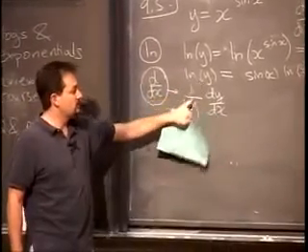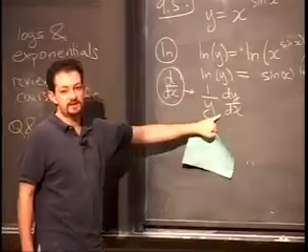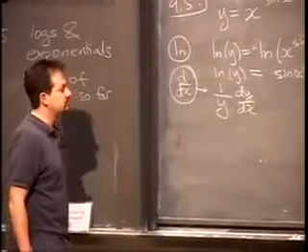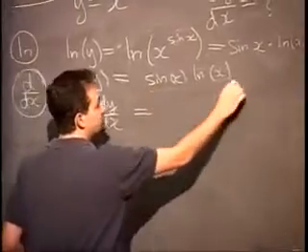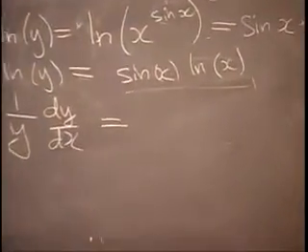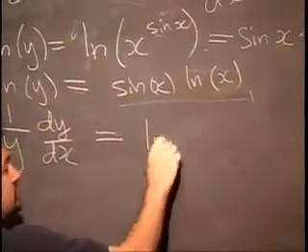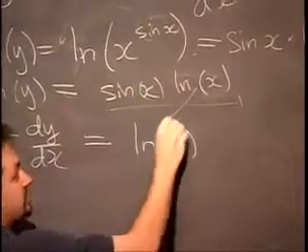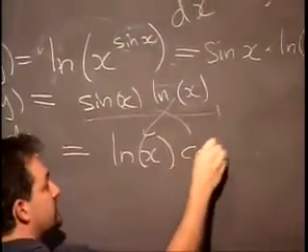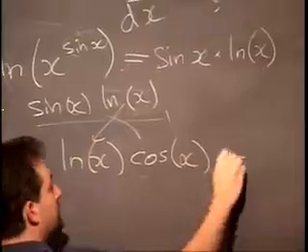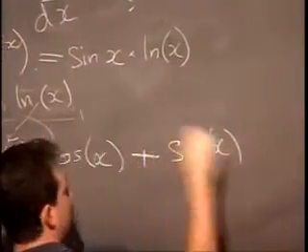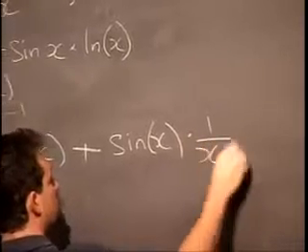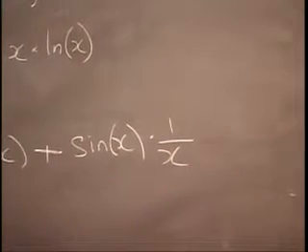With log y, it's 1 over y dy/dx. So that's just implicit differentiation. Then I just have to differentiate this, and I'll use the product rule. Quickly, it's v times the derivative of u, cosine x, plus u times the derivative of log x, which is 1 over x. So I use the product rule on the right.